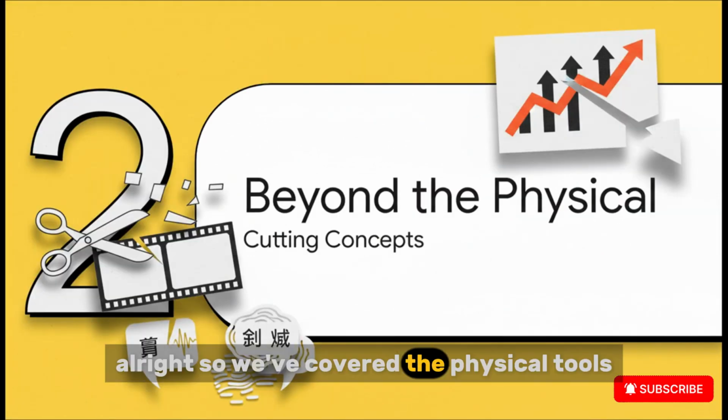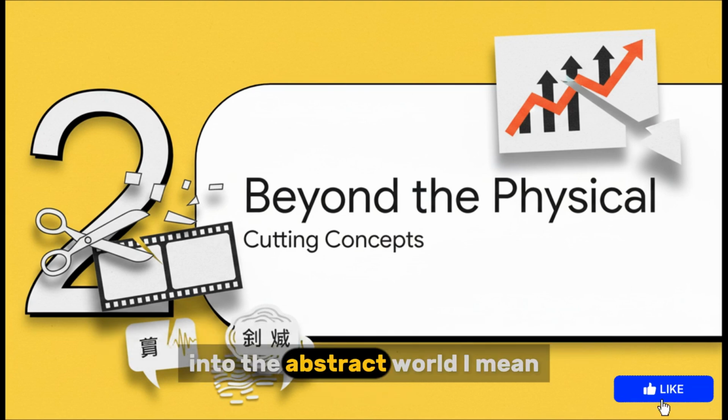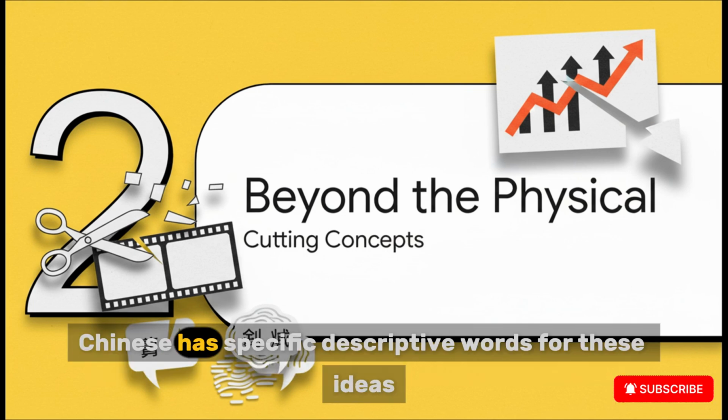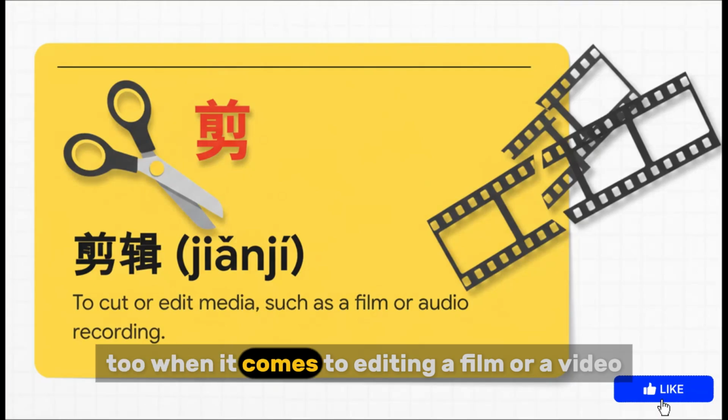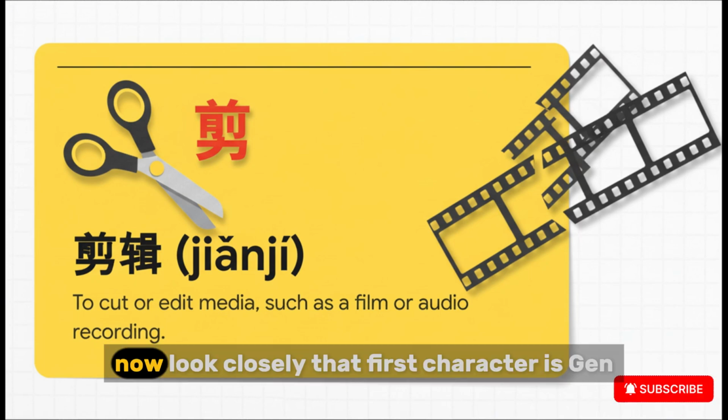All right, so we've covered the physical tools. Now let's take a look at how this same logic extends into the abstract world. I mean, how do you cut a movie scene or cut a budget? As you might have guessed, Chinese has specific descriptive words for these ideas too. When it comes to editing a film or a video, the word is jianji, pronounced jianji. Now look closely.